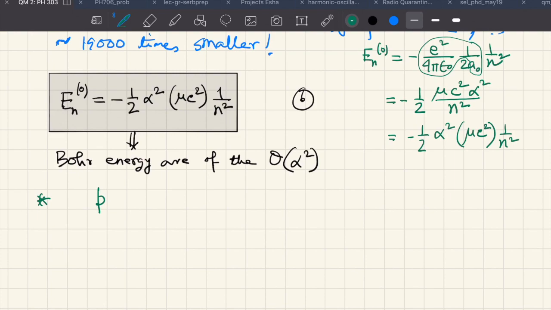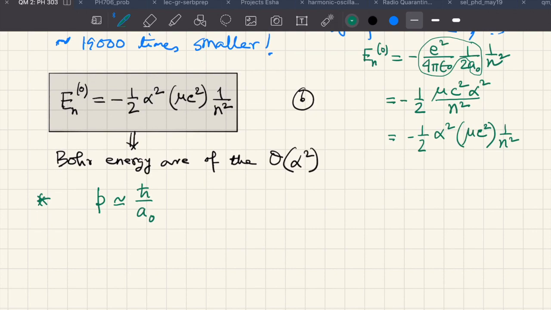So p should be of the order of h cross by a0, right? So this is just by the use of the uncertainty principle. Okay, delta p delta x is greater than or equal to h bar, but we are just using the result very roughly to get some rough estimate.